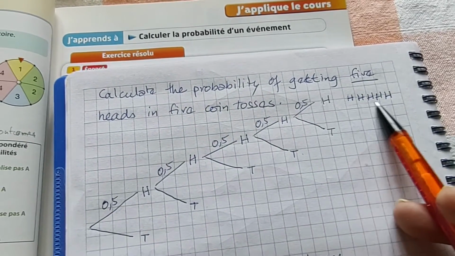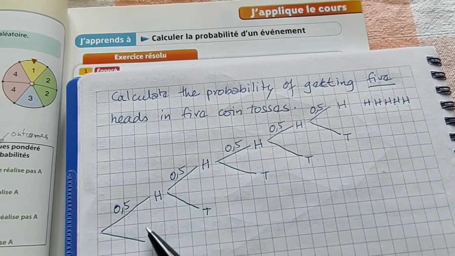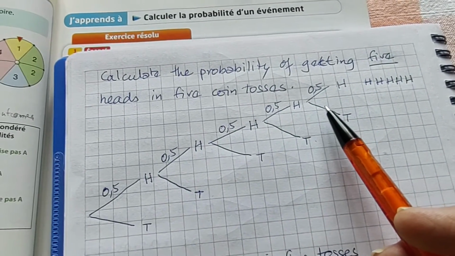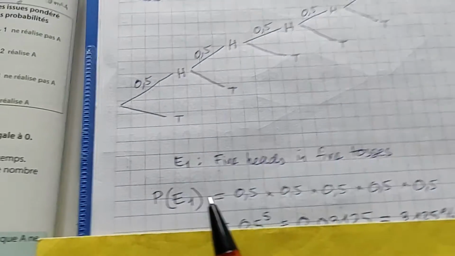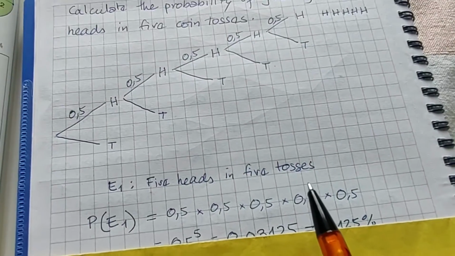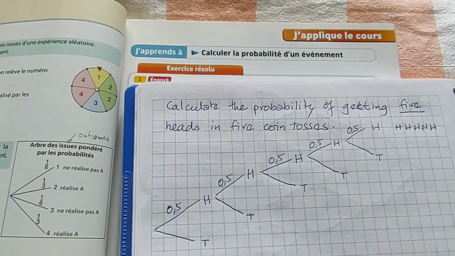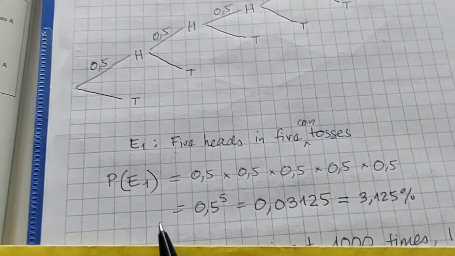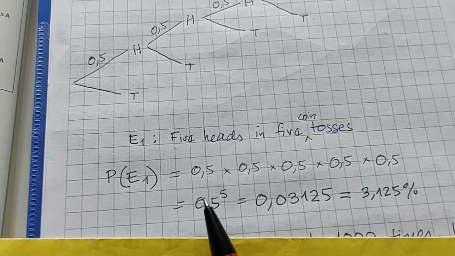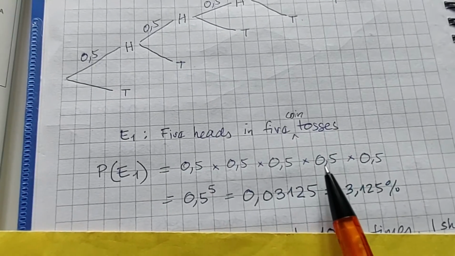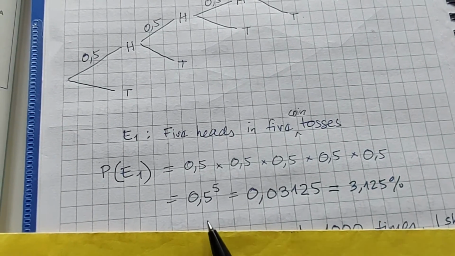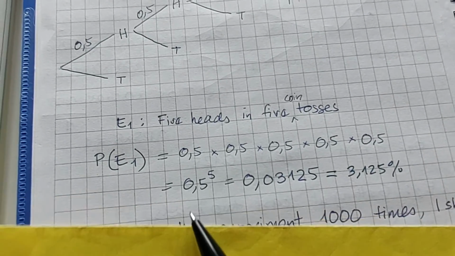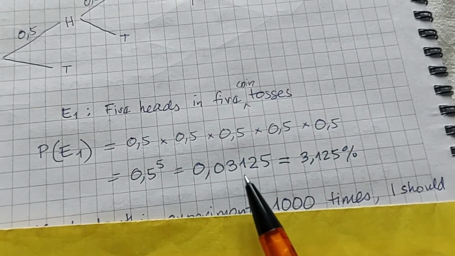So in each case, it's an independent toss, and the probability is 50%. To get 5 heads, you will have to multiply 0.5 into 0.5 into 0.5 into 0.5 into 0.5. Let's define our event, E1: 5 heads in 5 coin tosses. So the probability of E1 is 0.5 into 0.5 into 0.5 into 0.5 into 0.5, which is equal to 0.5 to the power 5, also equal to 1 over 2 to the power 5, which gives us 0.03125.